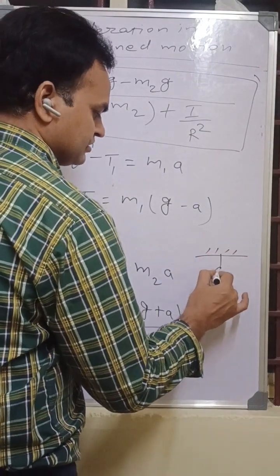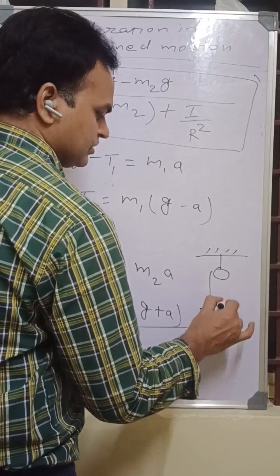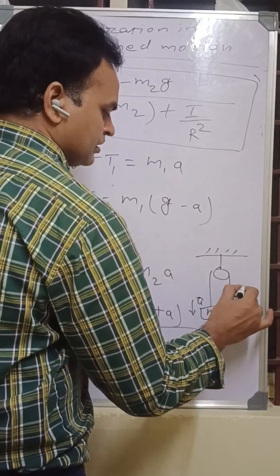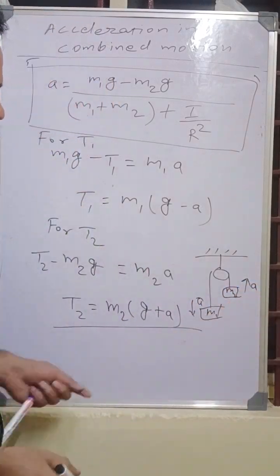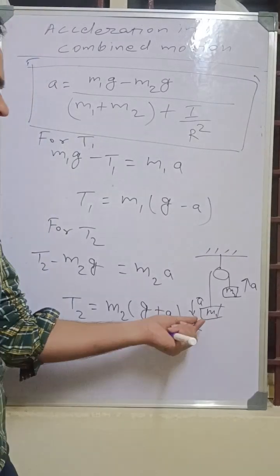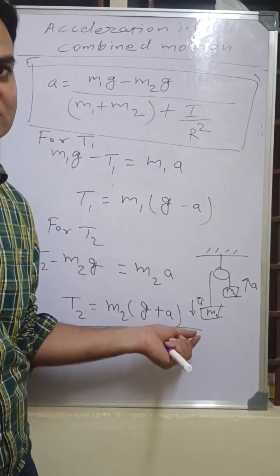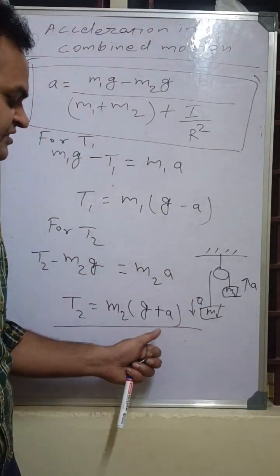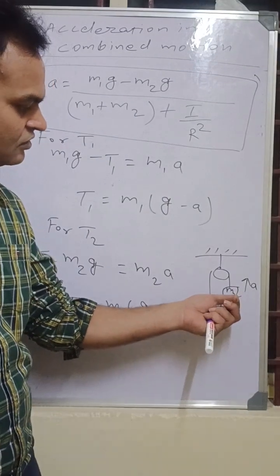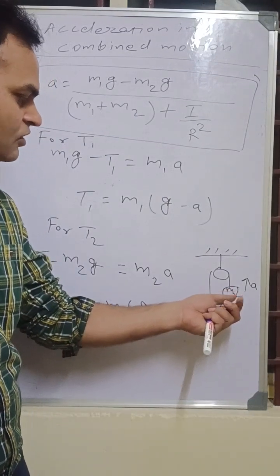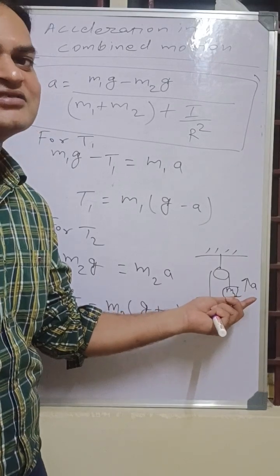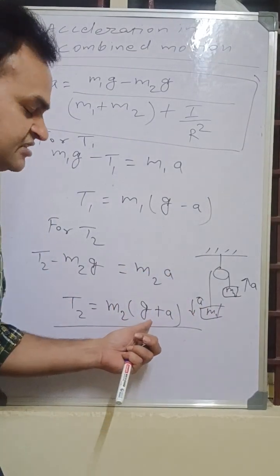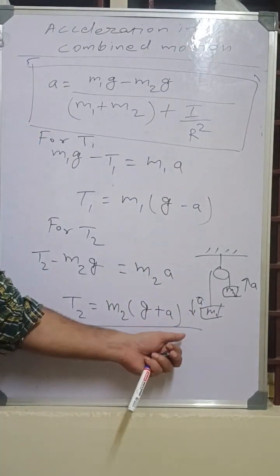Here M1 is going downward and M2 is going upward with acceleration A. If you know the value of A, then if it is accelerating downward, the tension is M into G effective, where G effective is G minus A. If it is accelerating upward, then you can directly write the tension as T equal to M into G effective, where G effective becomes G plus A. So you can use this directly.